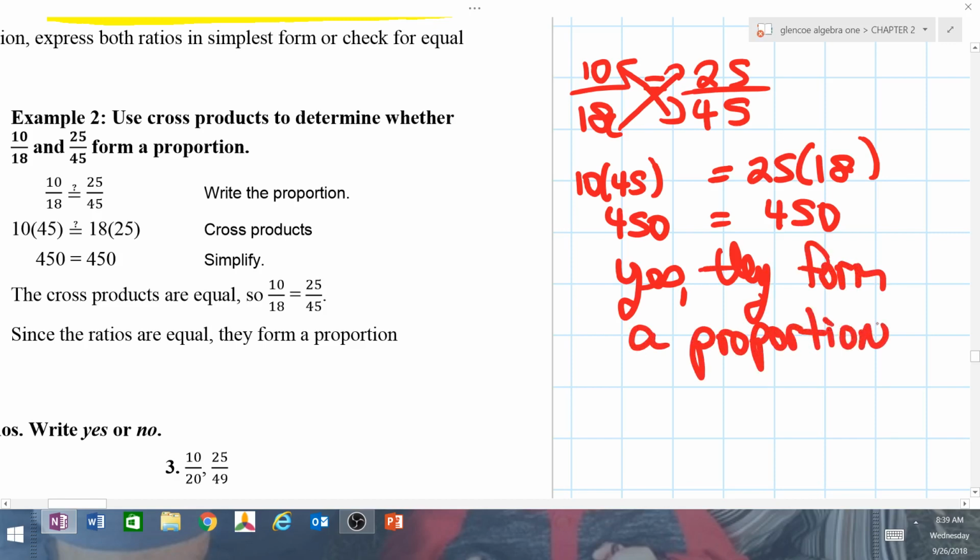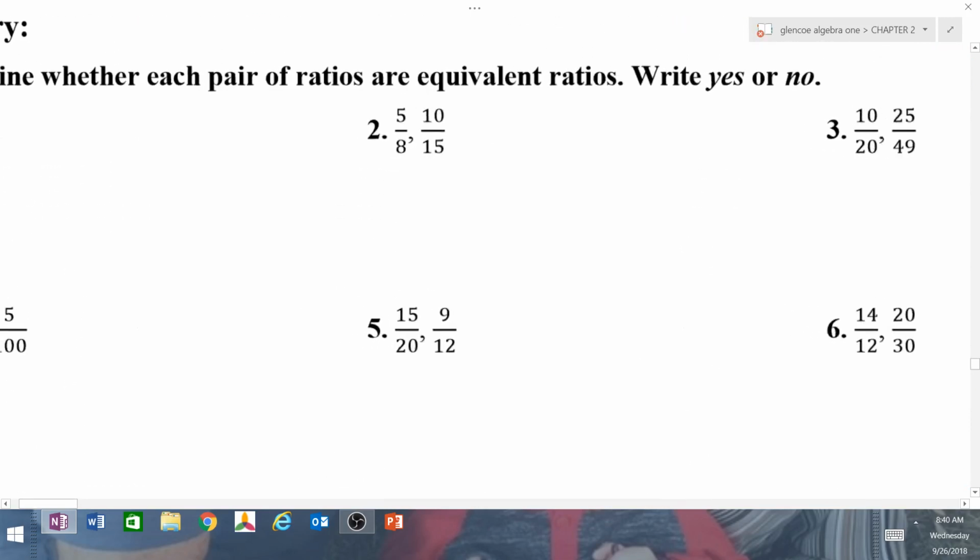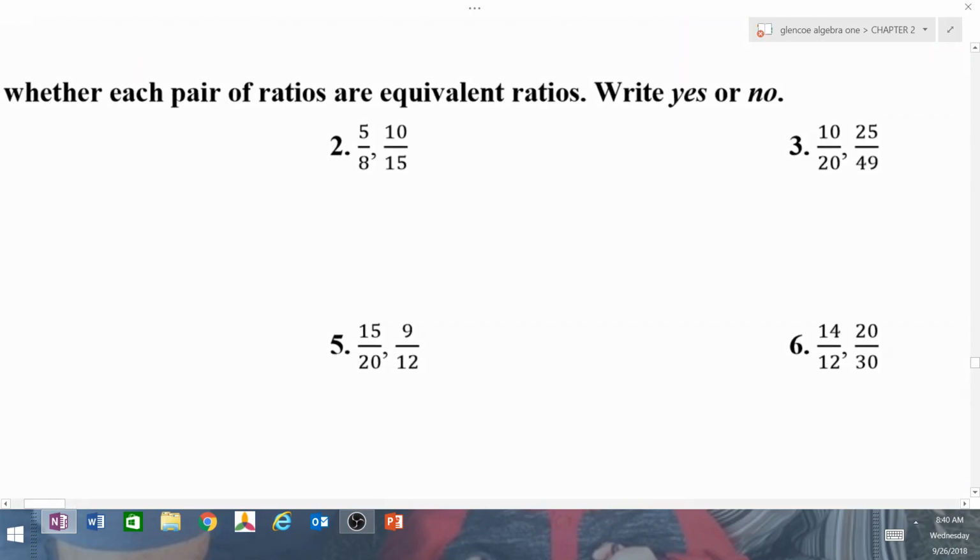Are y'all with me? Okay, so let's try one. Let's try 5/8 and 10 over 15. So we're trying to find out if they form an equal proportion.